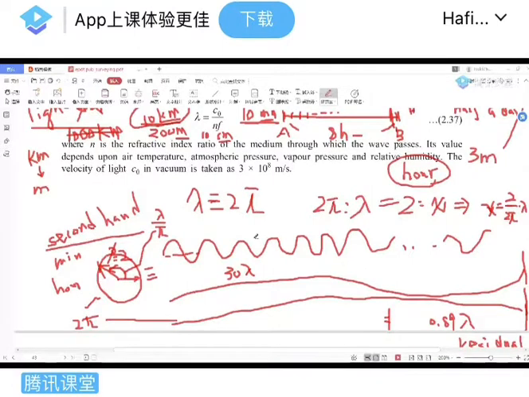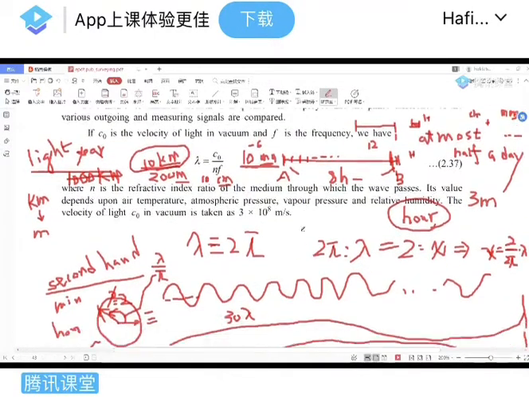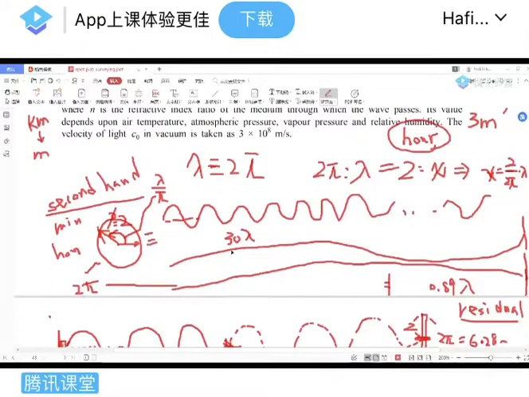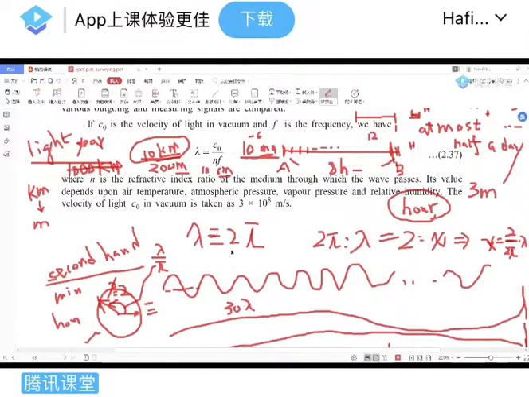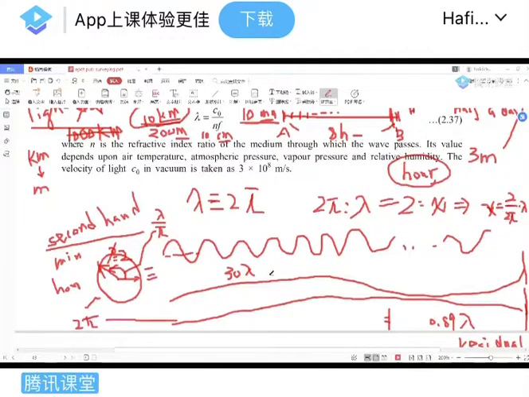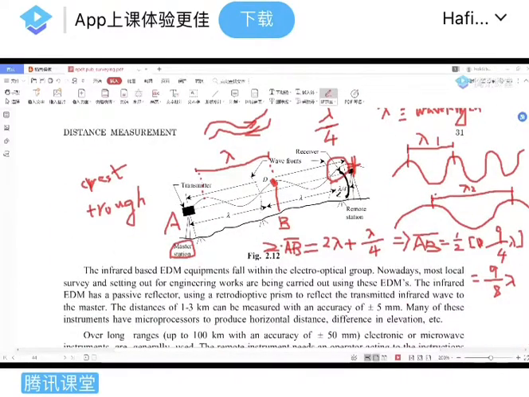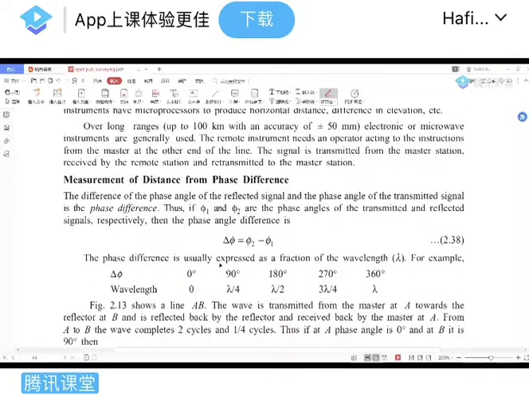So this is basically how you use EDM to measure distance. Last time you learned under which circumstances the data is reliable, and under which circumstances you have to give a proper adjustment or correction.